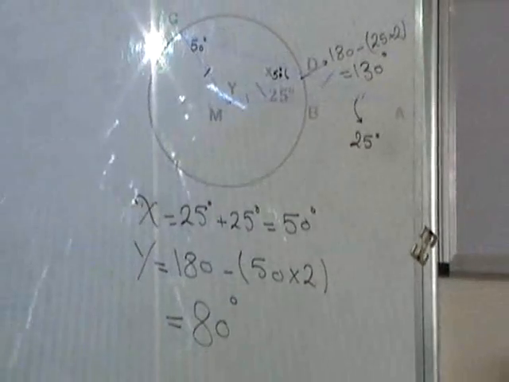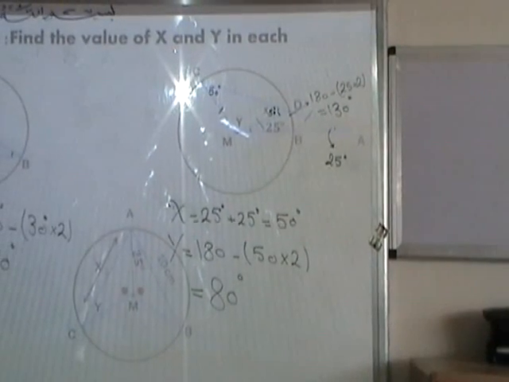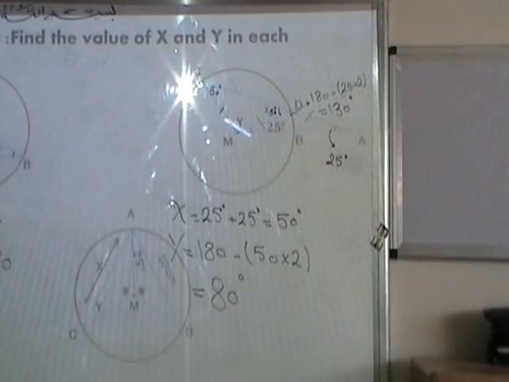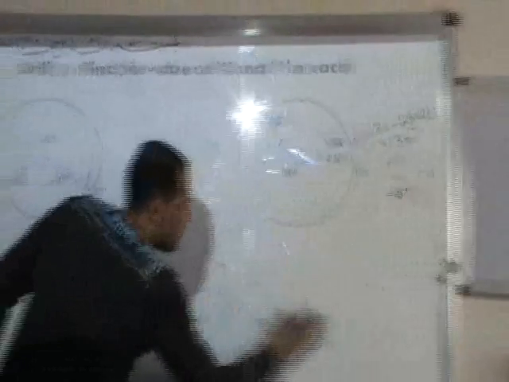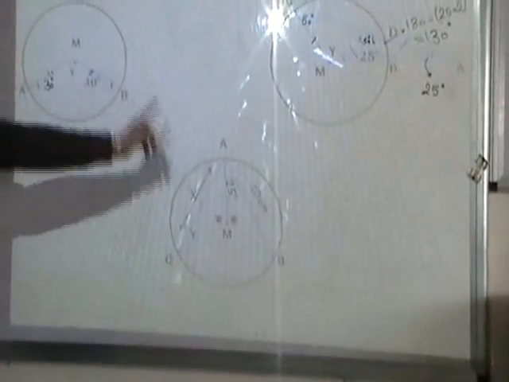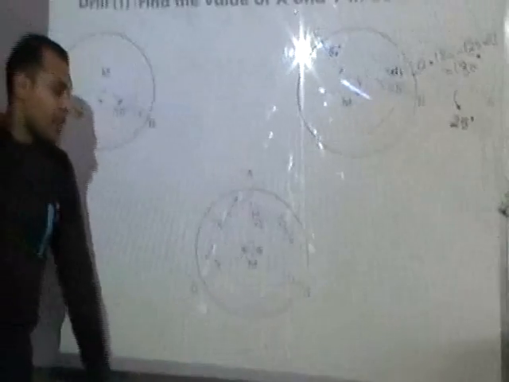After that, you have the third example. Let's erase what we have written. In this figure, I have triangle ABM and triangle ACM.